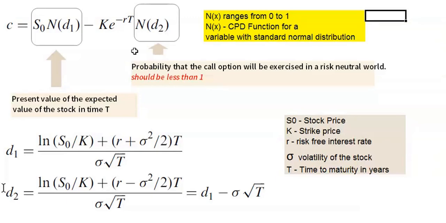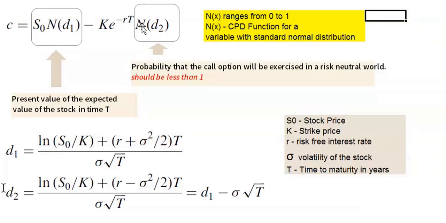So it gives the cumulative probability. The maximum value of a cumulative probability distribution function is 1, which means all the values less than the max value will take place.